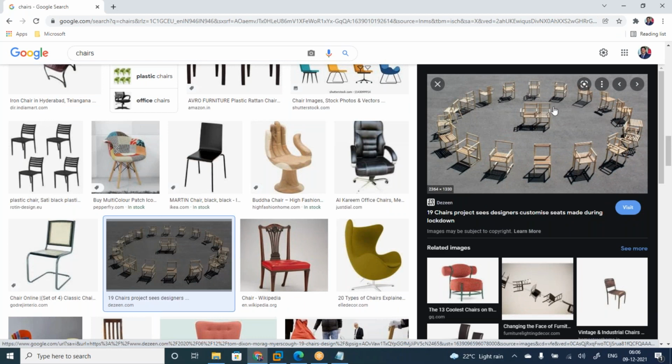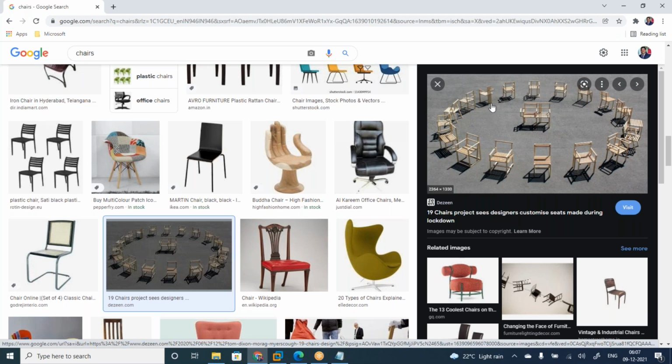Now, first 5 chairs I purchased on 15th of October. Next 5 chairs I purchased on 31st October, and these 5 chairs were purchased on 15th November, and these chairs I purchased in the month of December.